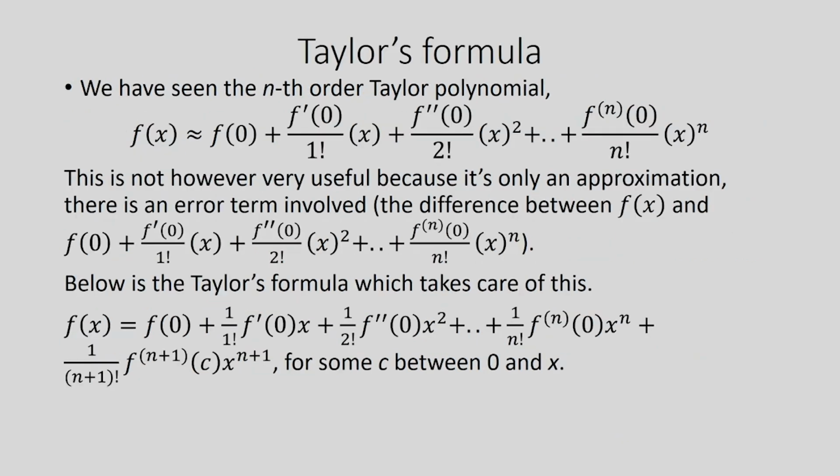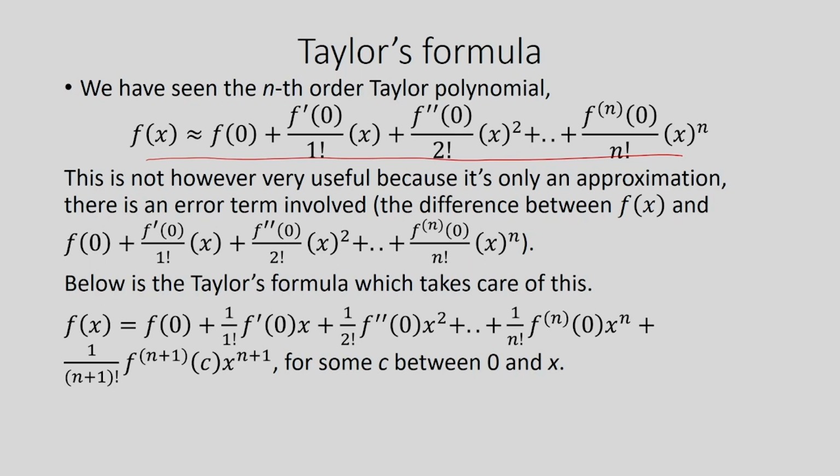Okay, now, there is something called Taylor's formula. We have seen before the nth order Taylor polynomial had this form. f(x) is approximately equal to f(0) plus f'(0) divided by factorial 1 multiplied by x plus f''(0) divided by factorial 2 x squared plus dot dot dot.